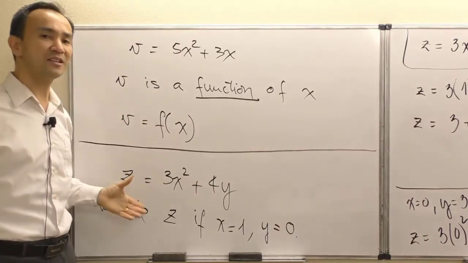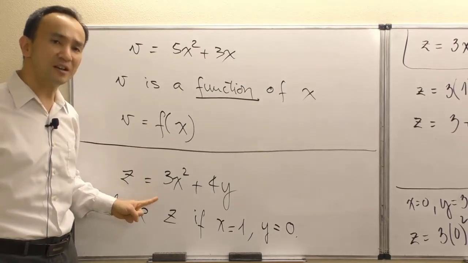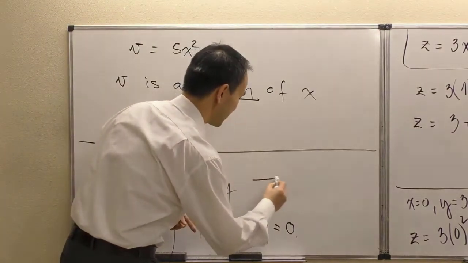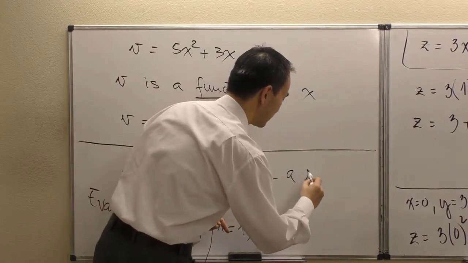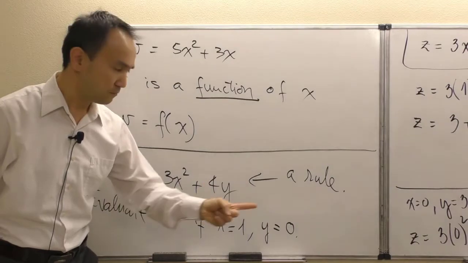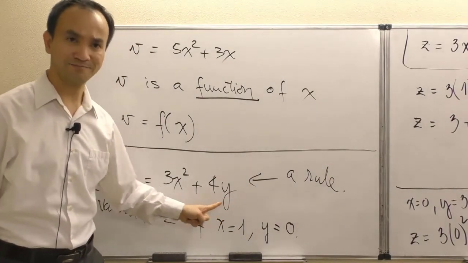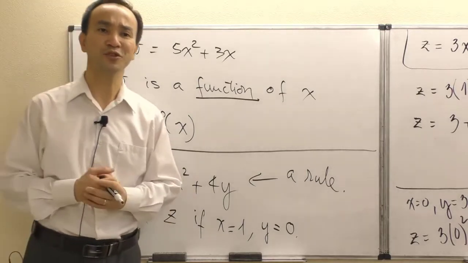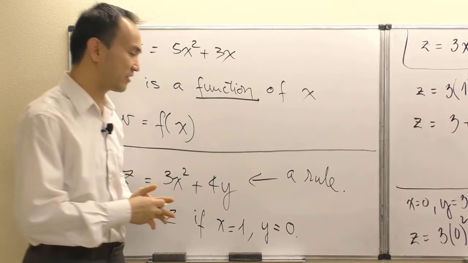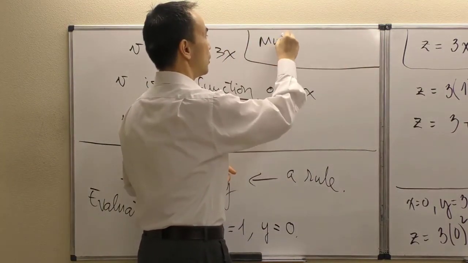But now, looking a little more closely at this new formula or rule I'm introducing, it's still a rule, making it consistent with the fact that it's a function. But this rule has more than one. So now the term that I introduced earlier: multivariable. I'm a little short of space here, but you see multivariable.